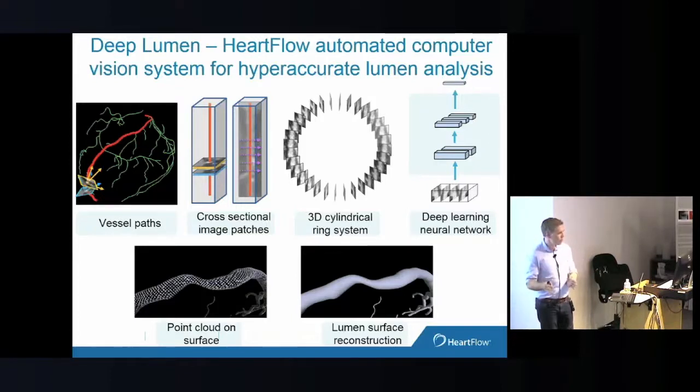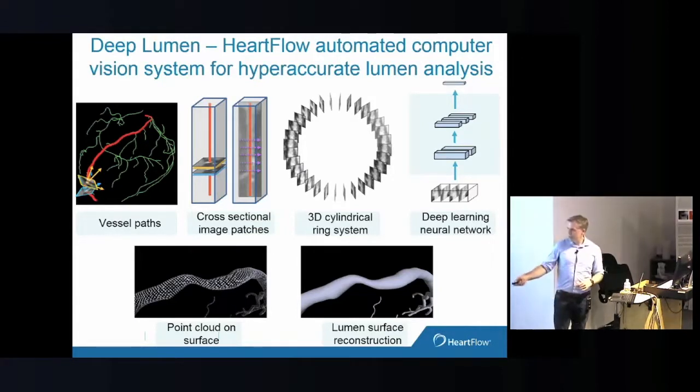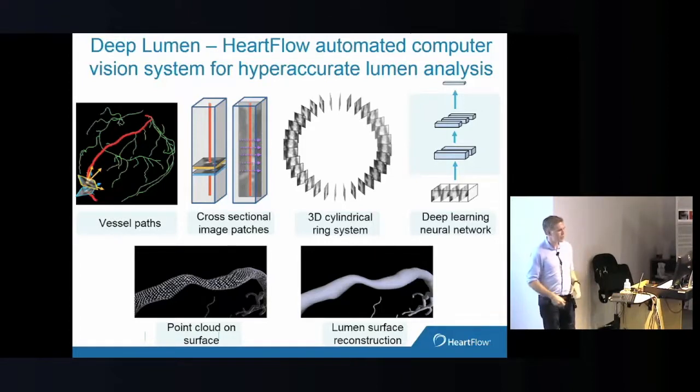Leveraging what we know about vessel consistency and radial symmetry, we put that into the deep learning network, and what that does is predict point location from the center line to the lumen boundary all across the surface, and then that surface gets reconstructed into the final lumen segmentation model.